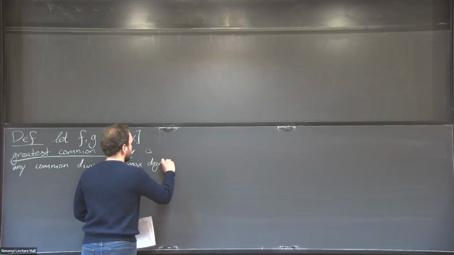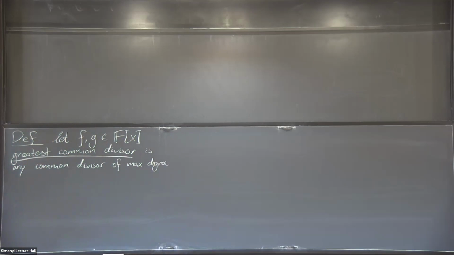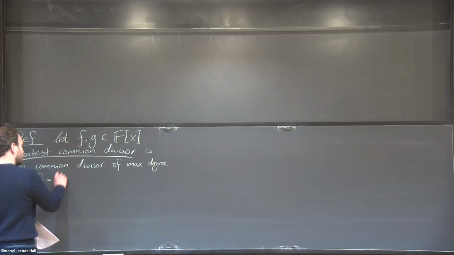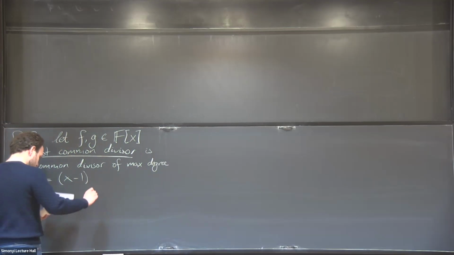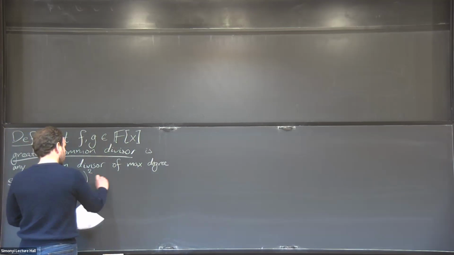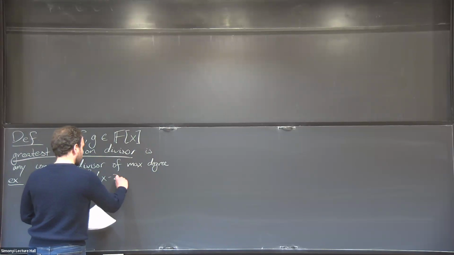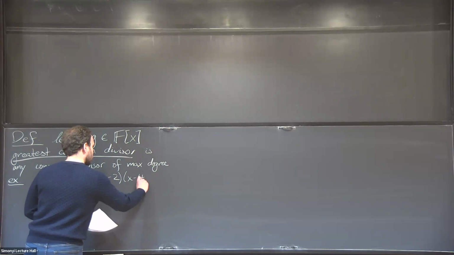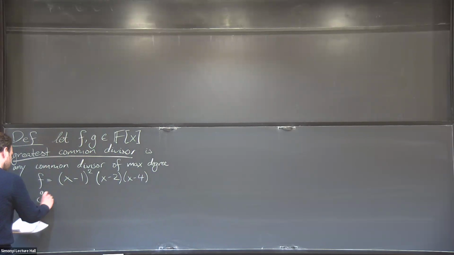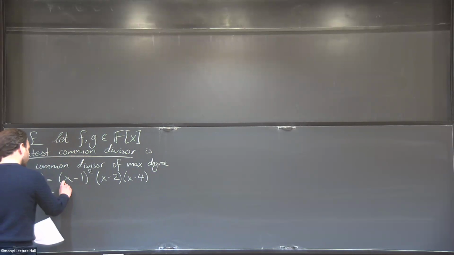And you can also define greatest common divisor of integers and more abstract objects, but here I just want to talk about polynomials. So as an example, just to warm up, it's still early in the morning, maybe your caffeine hasn't hit you yet. So if I have two polynomials, this is f, this is g.